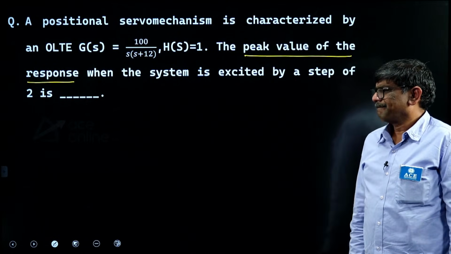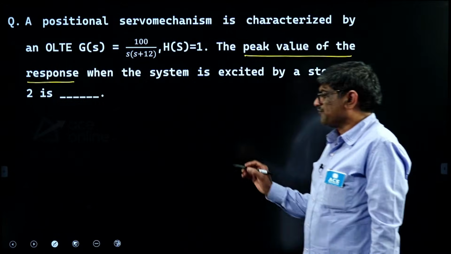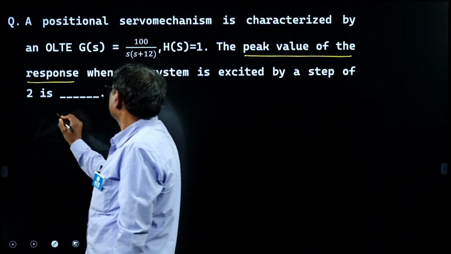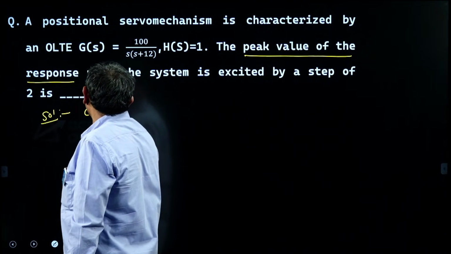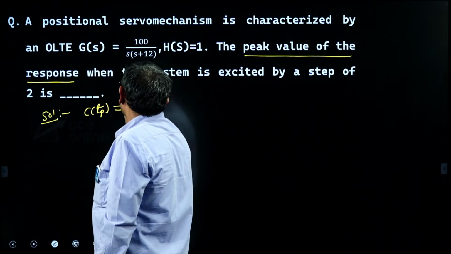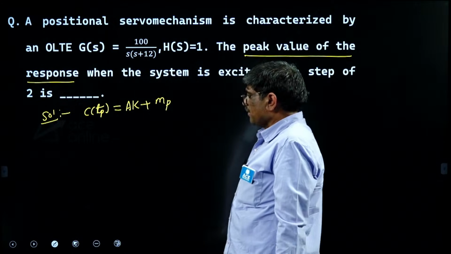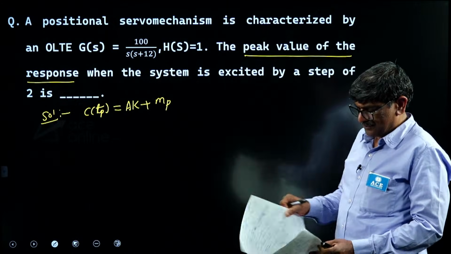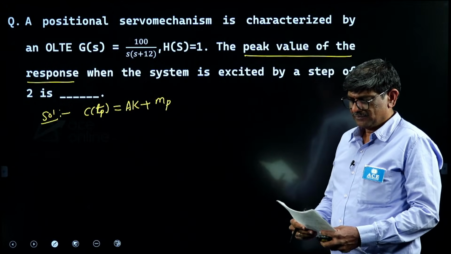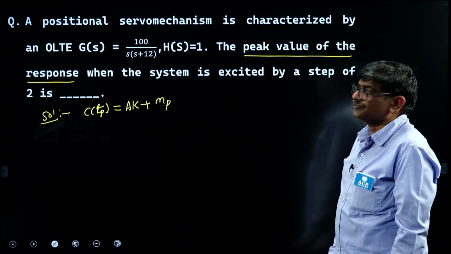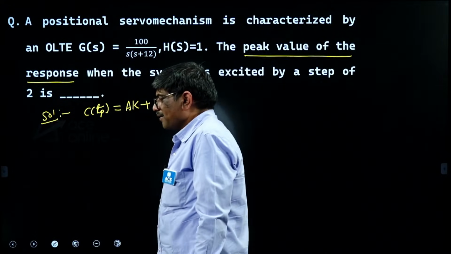It is nothing but C of Tp. C of Tp equal to what? AK plus MP. Come on, calculate it. Anybody answer?